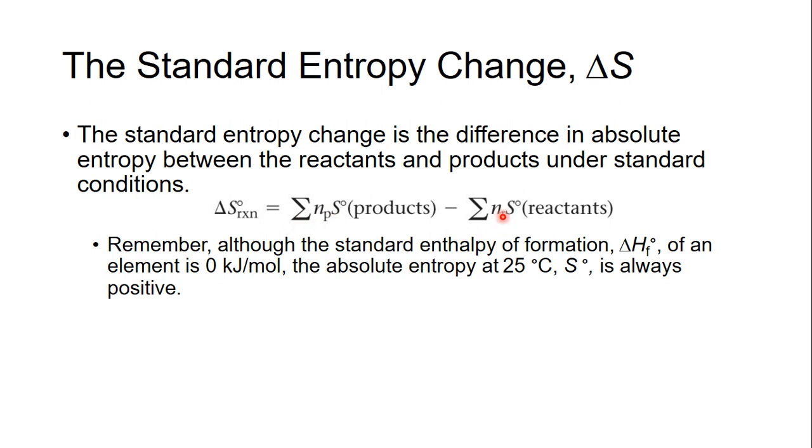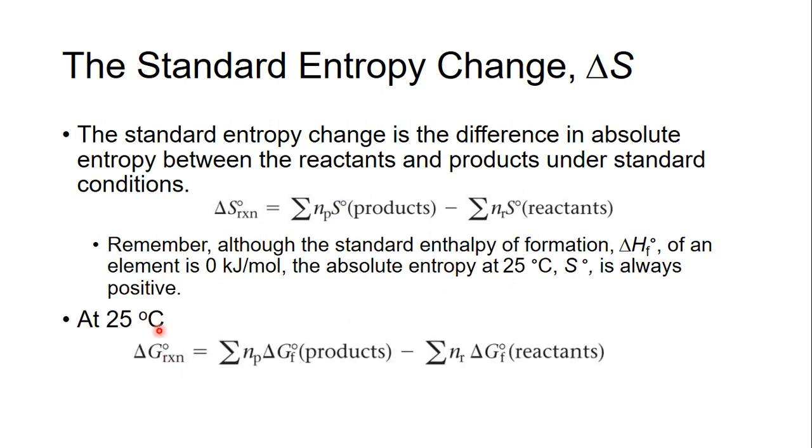Then you subtract the number of moles of our reactants multiplied by the standard entropy of our reactants, adding up the values for each reactant. And remember, you should always get a positive number for our standard entropies. The lowest entropy you can have is 0, and so you should be above 0.